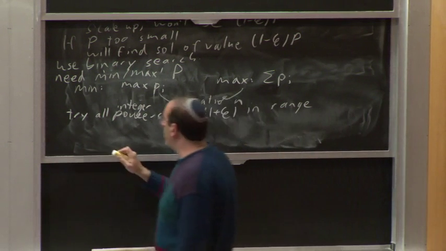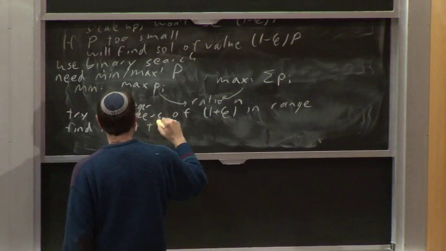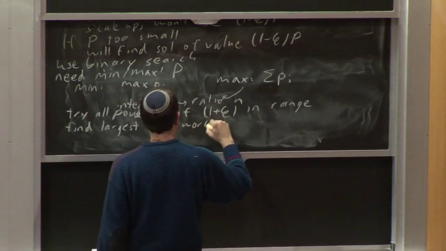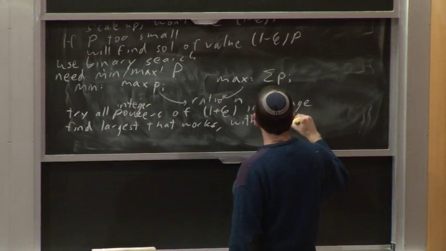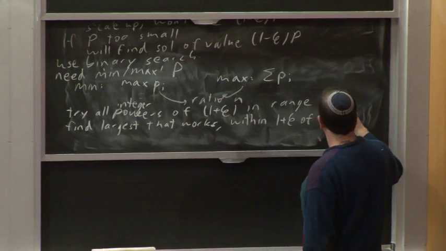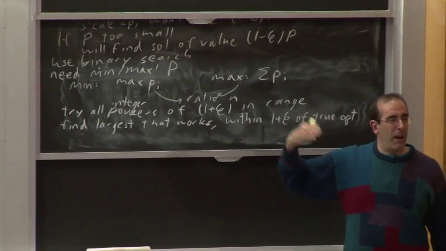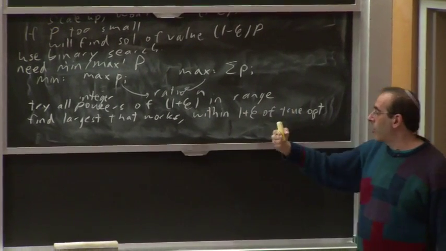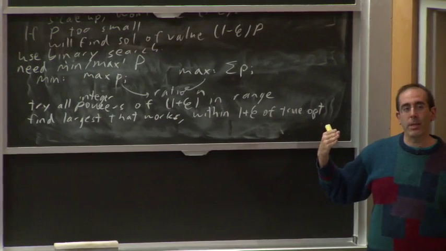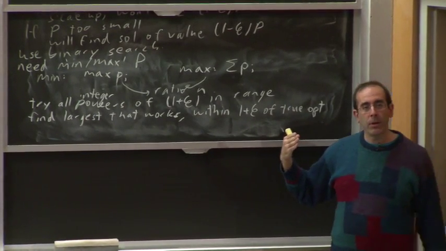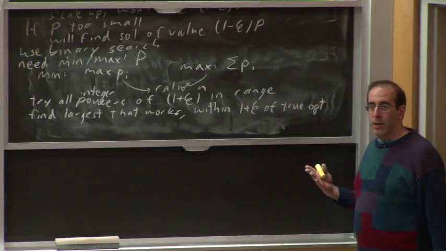Right? So find the largest that works. And this is within 1 plus epsilon of the true optimum, because any larger power of 1 plus epsilon doesn't work, and so the true solution is between my power of 1 plus epsilon and the next power of 1 plus epsilon. Okay. Now, how many powers of 1 plus epsilon are there in this range?